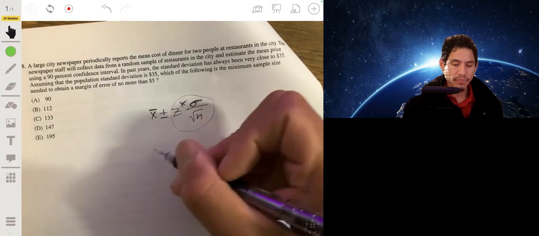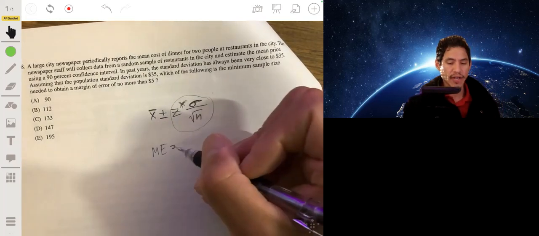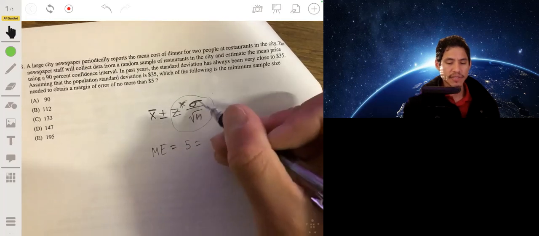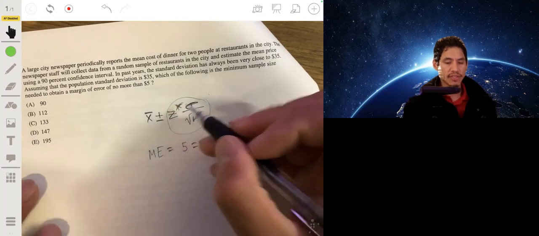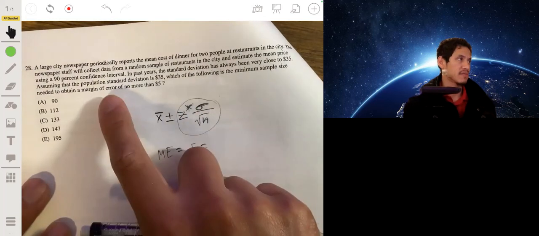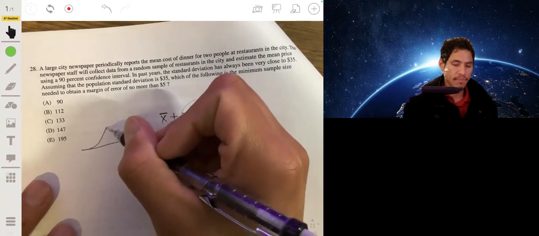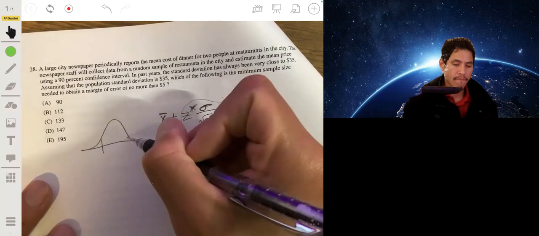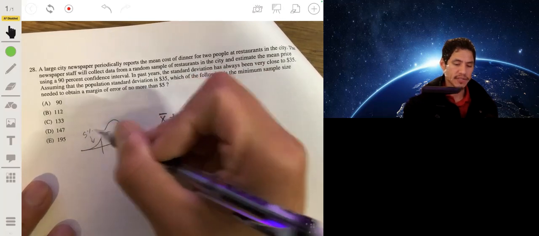We want the margin of error to be no more than 5, so we're going to set this equal to 5. We have to figure out the Z star for a 90% confidence interval. Reviewing again, there's 90% in the middle, so that means there's 5% to each side.